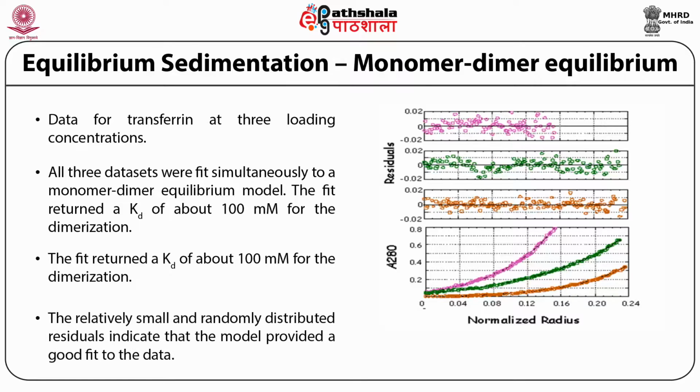A relatively small and randomly distributed residual indicates that the model provided a good fit for the data. So that is the major application for the ultracentrifugation technique, to calculate the binding affinity and the stoichiometry of the molecules in the solution.